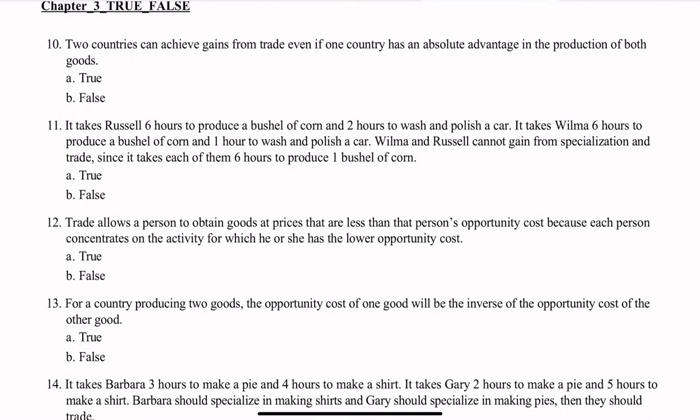However, you can see that in the end, through specialization and trade, both people will actually be better off. Again, this is about people, and the same result will hold for countries. So you should choose true for this 10th problem.